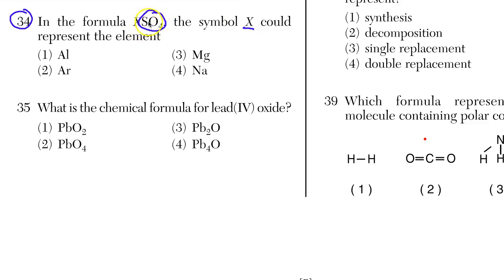So they're building a chemical formula, and when you build a chemical formula, the compound is going to be neutral. And I know it's neutral because I don't see any charges written here. So if I know the charge of this cluster, this polyatomic ion, I can figure out what element this could become, because certain elements, based upon their number of valence electrons, can become that charge.